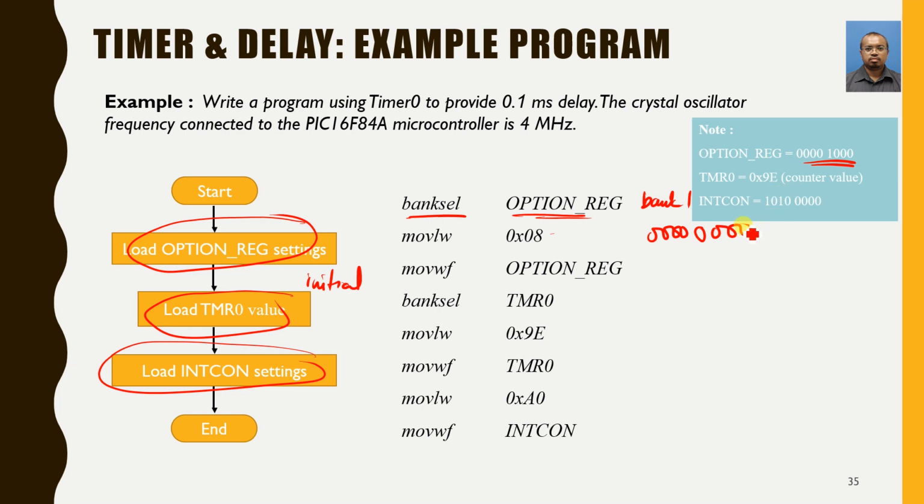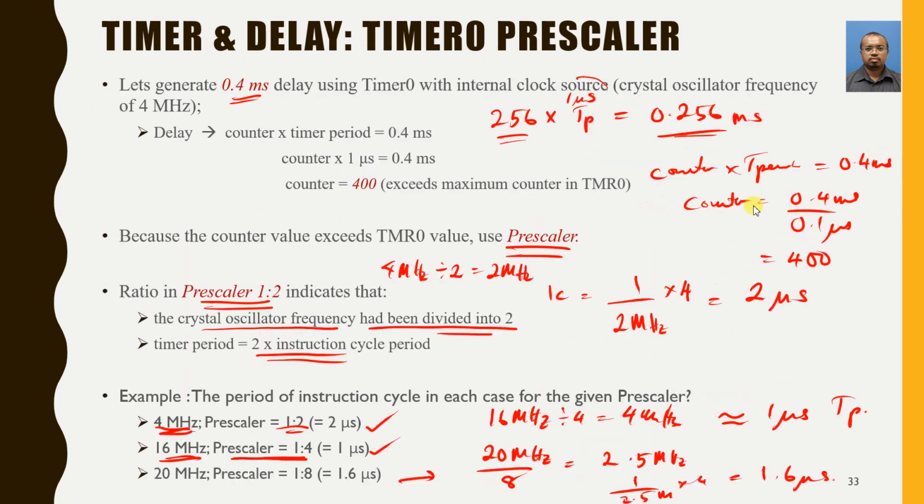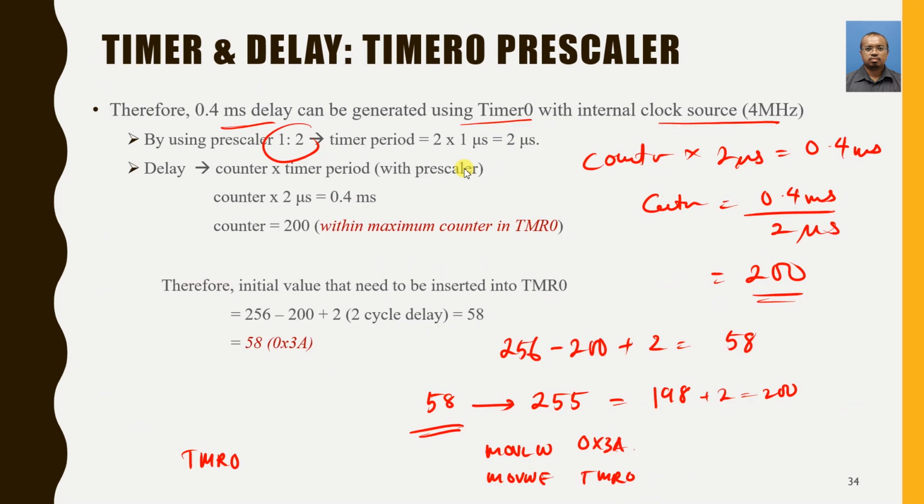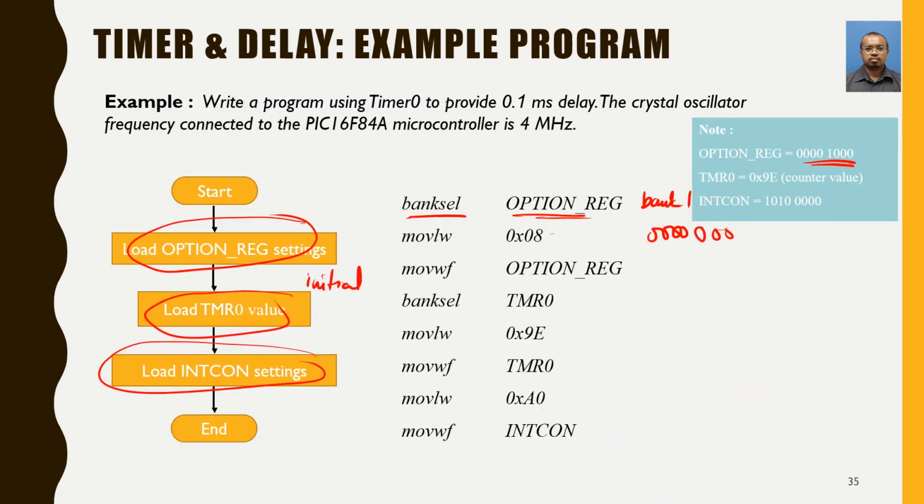And then let's say you want to have prescaler of 1 to 2, then you have to have this. Let me double check, go back to the previous slides. 1 to 2 is 000, so 0x00. So that's basically it with 1 to 2 prescaler.